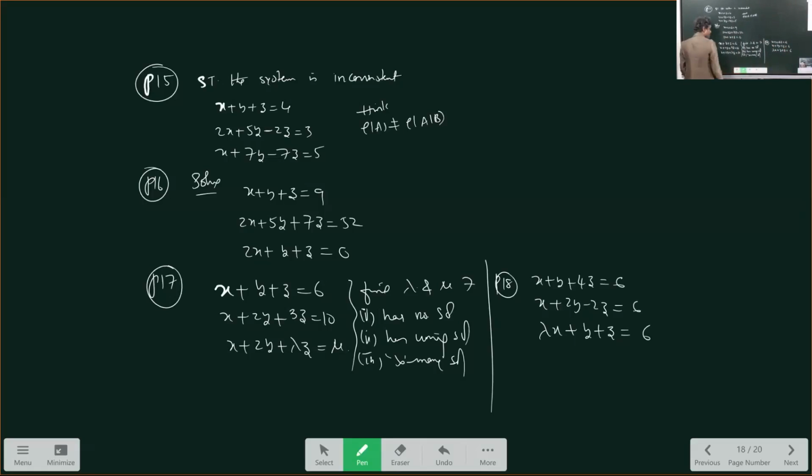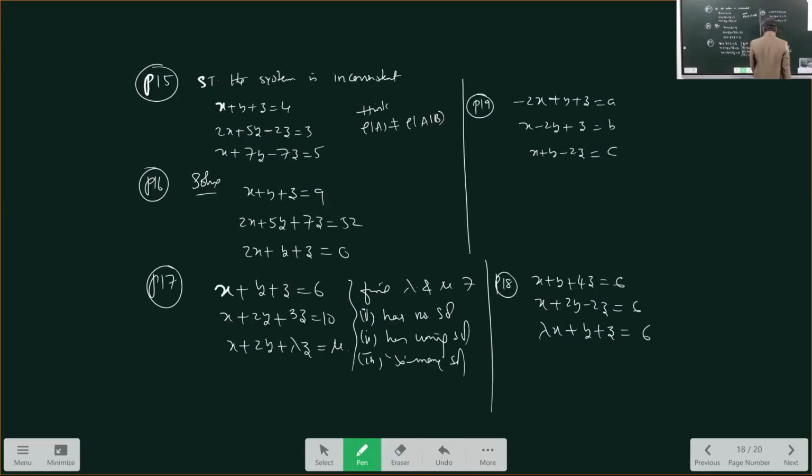And the other way, P19. It will be like minus 2x plus y plus z is equal to a, x minus 2y plus z is equal to b, and x plus y minus 2z is equal to c.